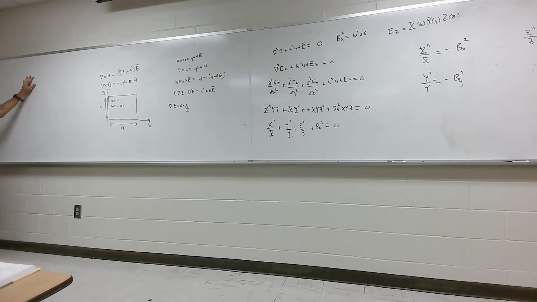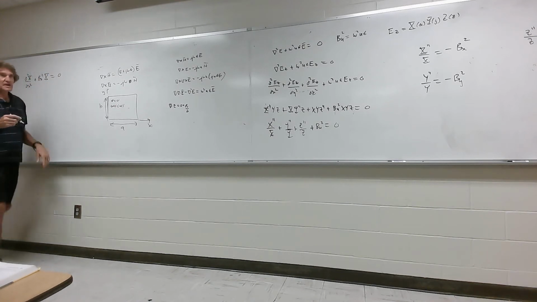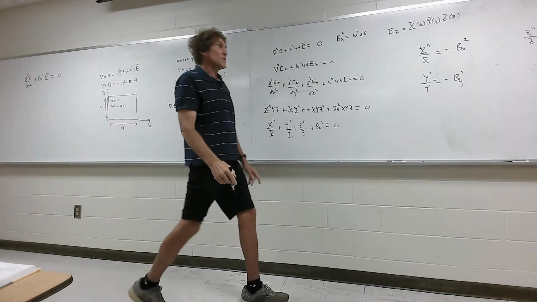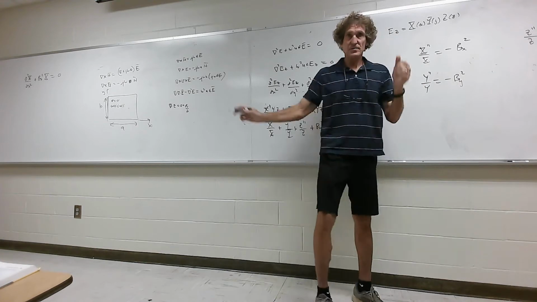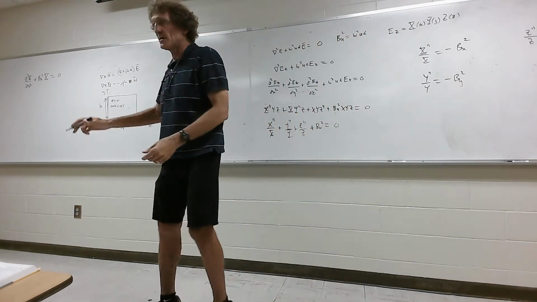When you take a look at that first equation, the x one, I have the second derivative of x with respect to x squared, right there. And it's going to be plus beta x squared times x equals 0. The only thing I've done here is this. Multiply both sides by x, then take this to that side. That's what you get. Can you all see this right here, class?